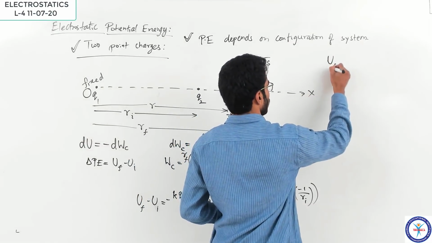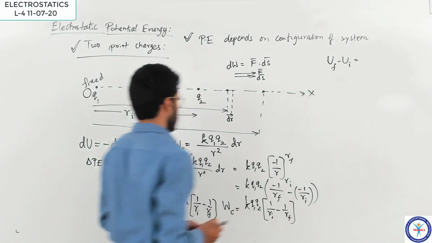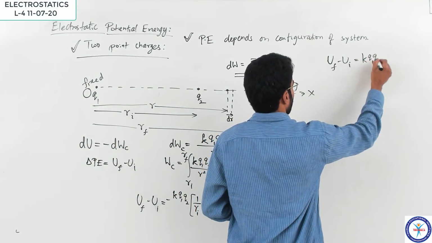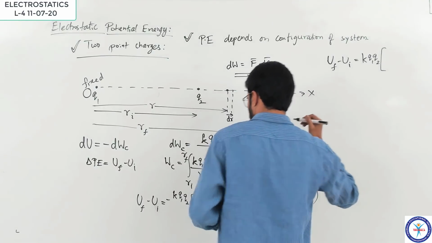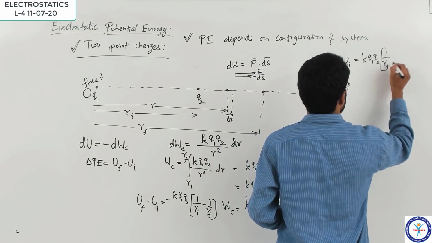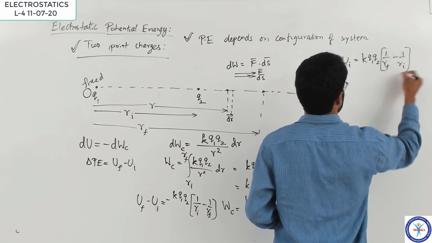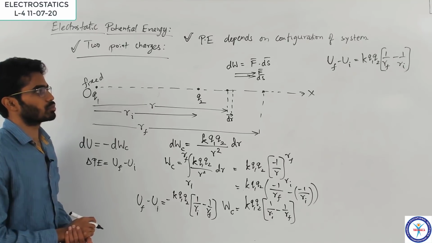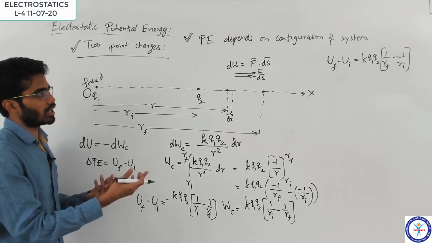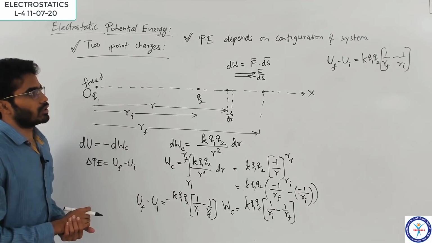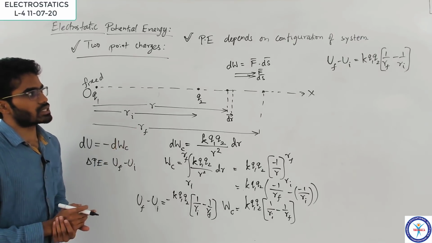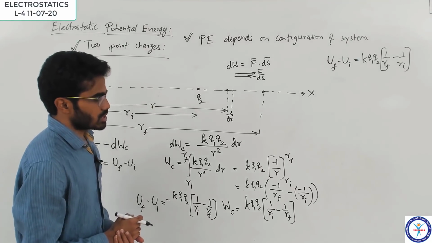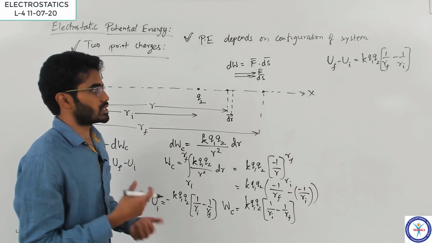Finally, we have U final minus U initial equals k q1 q2 into minus of this, 1 by rf minus 1 by ri, right? rf is the final separation, ri is the initial separation, and U final minus U initial is the change in potential energy. So this is how we define the potential energy of the system, the change.